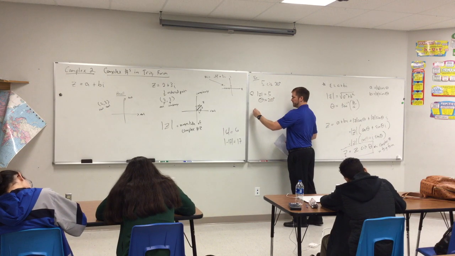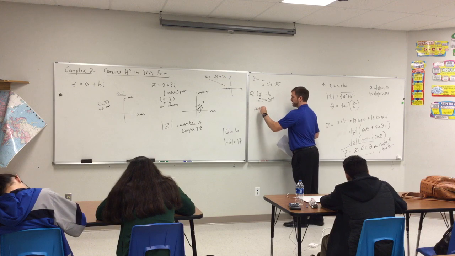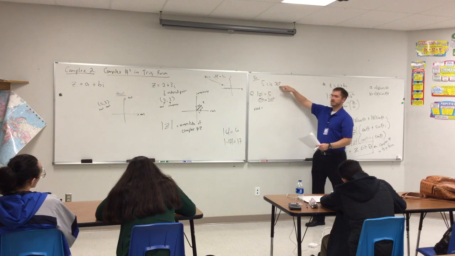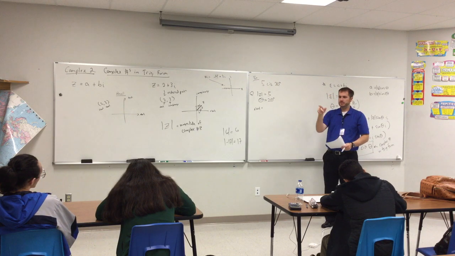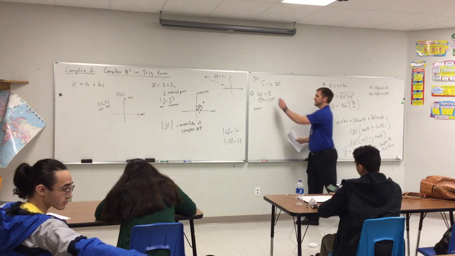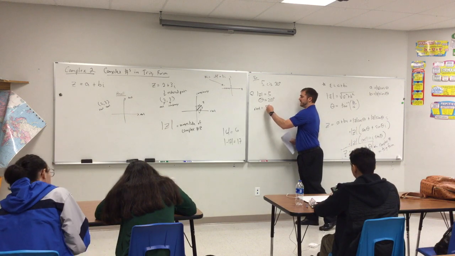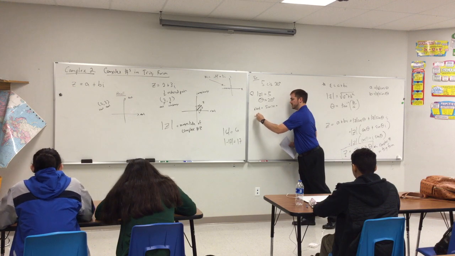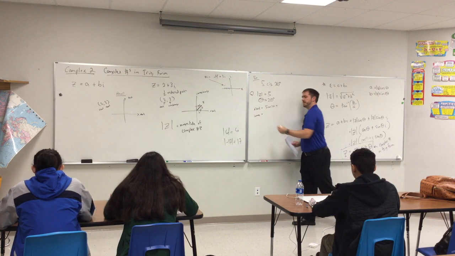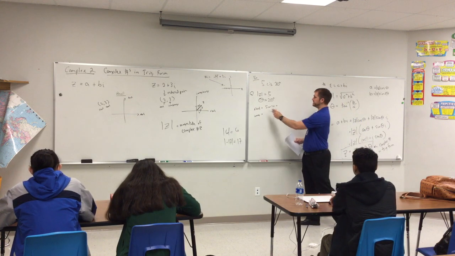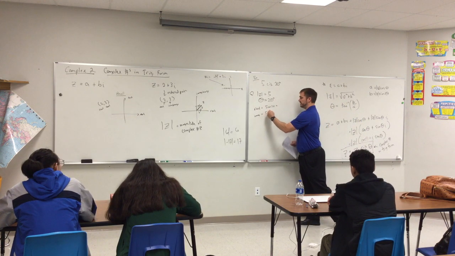What is the real part? Now it's going to take a look. 5 cosine 20. Grab your calculator, throw that in degree mode real quick. The real part is going to be 5 cosine 20. Ladies, you take care of that. Gentlemen, you take care of the imaginary part. 5 sine 20.